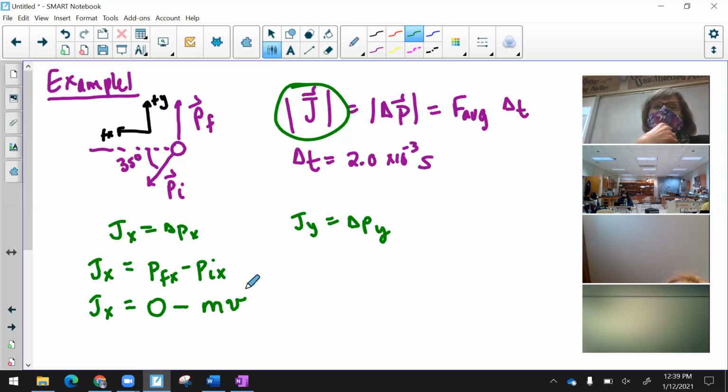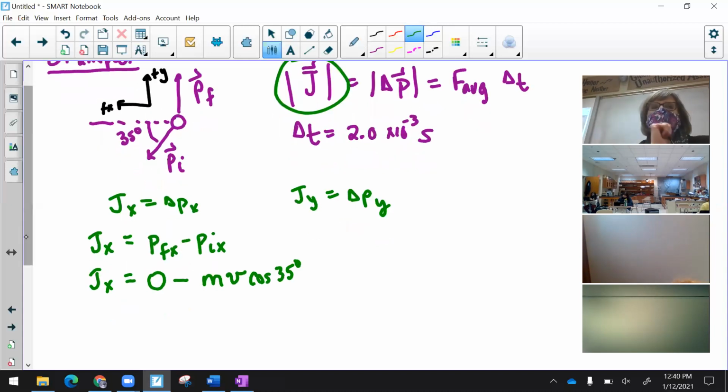So it's MV, but it's not just MV, right? MVx. Okay, so how do I get that? What am I going to multiply v times to get vx? Cosine of the angle. Okay, so cosine 35.